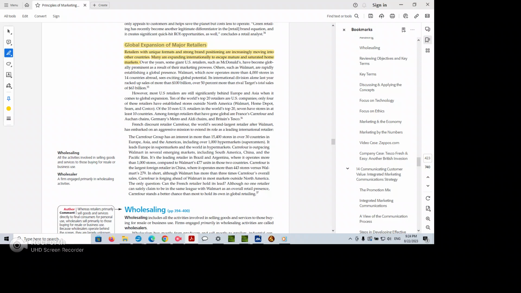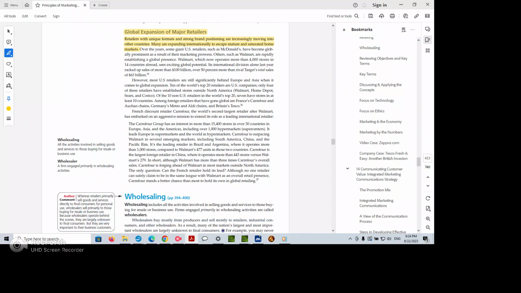So you can see that French discount retailer Carrefour is the world's second largest retailer after Walmart, and has embarked on an aggressive mission to extend its role as a leading international retailer. I can tell you that through my experience being overseas, they are in multiple countries.